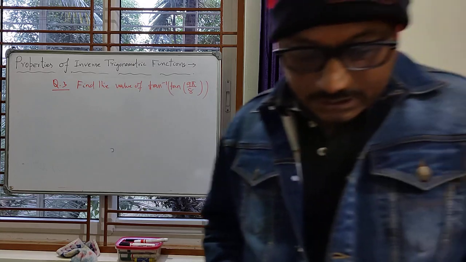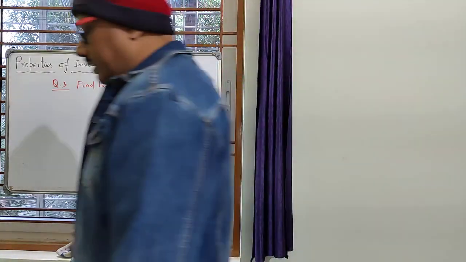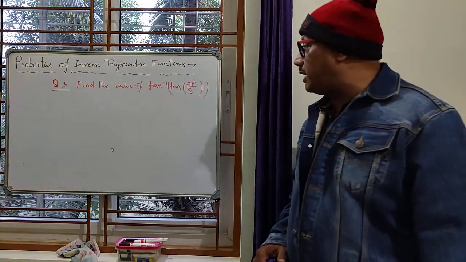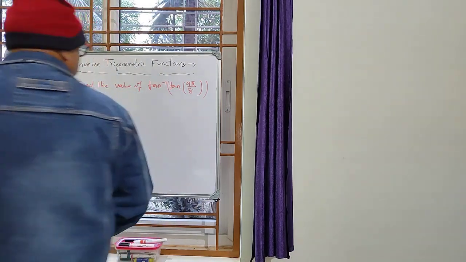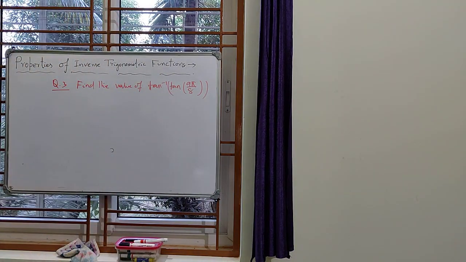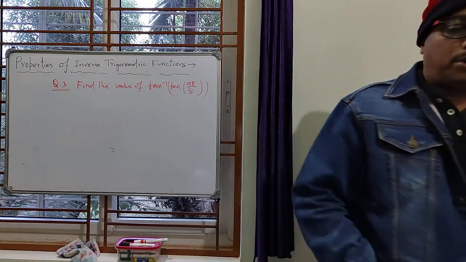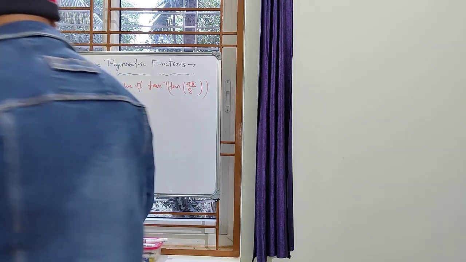Tan inverse tan x, the x belongs to the open interval minus pi by 2 to pi by 2. In this case, 9 pi by 8 will not lie in between minus pi by 2 and pi by 2.